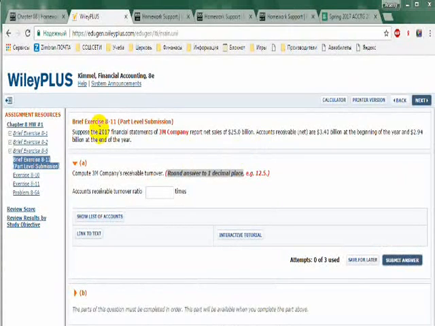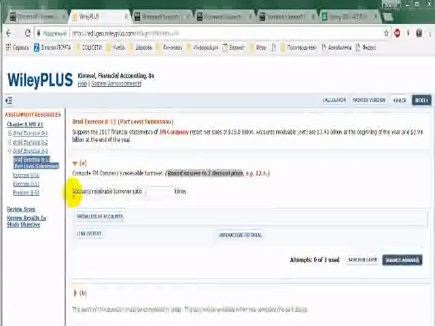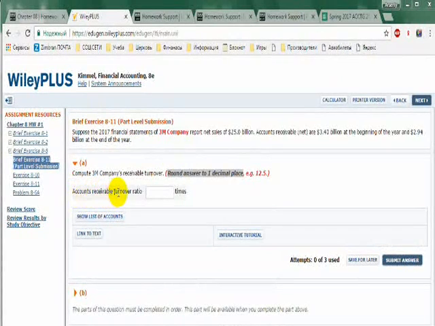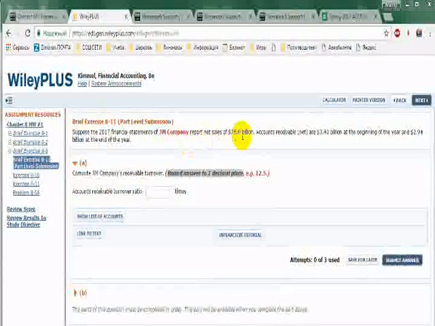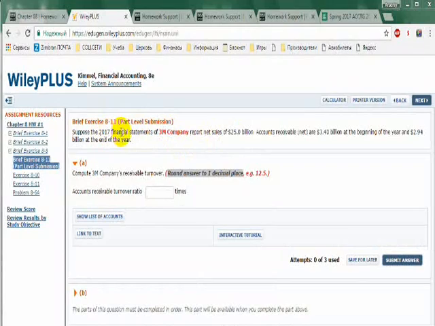Okay, in brief exercise 8.11 of part level submission, you need to calculate the accounts receivable turnover ratio. It's shown from the financial statement that the net sales are 25 billion. We have accounts receivable at the beginning and at the end of the year.